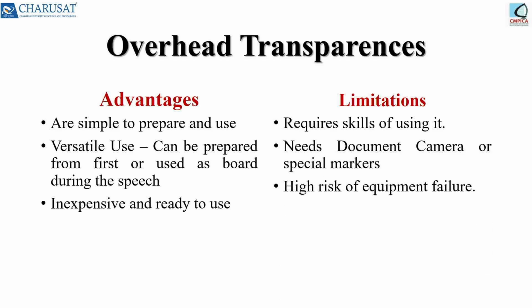First, they are very simple to prepare and use. They are also very versatile. Simple to prepare and use means it is a basic plastic sheet, and you just use coloring pens to write, to draw, connect, show different charts, and it's very easy, just like paper and pen, right?